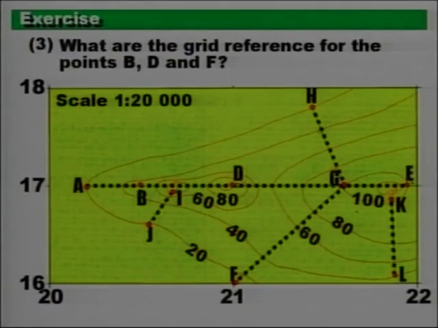The next activity, what are the grid references for the following points B, D, and E? Use the map for you to be able to come up with your answers.